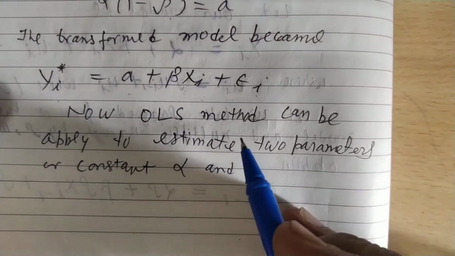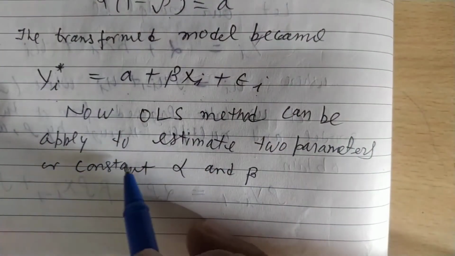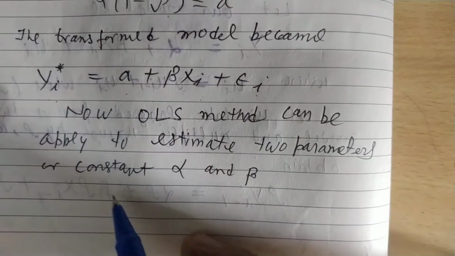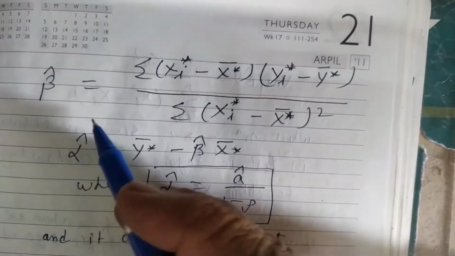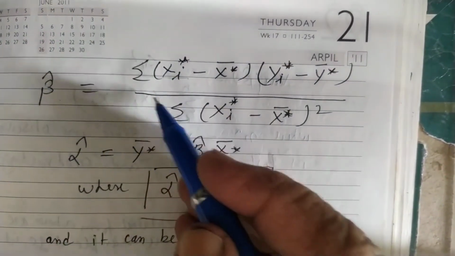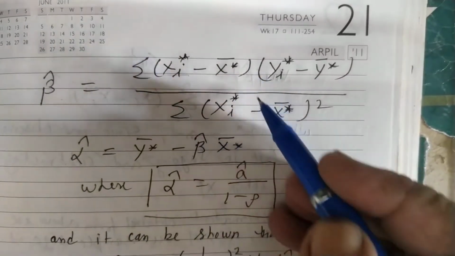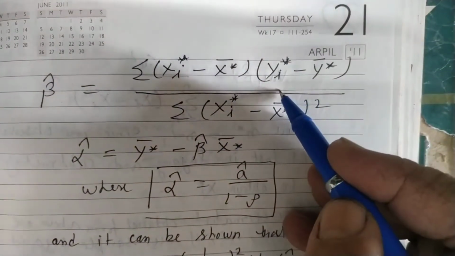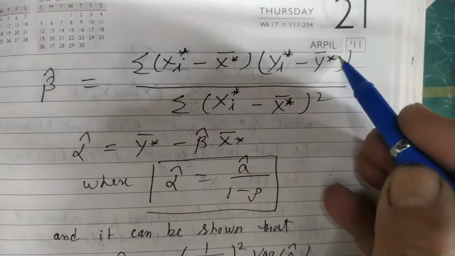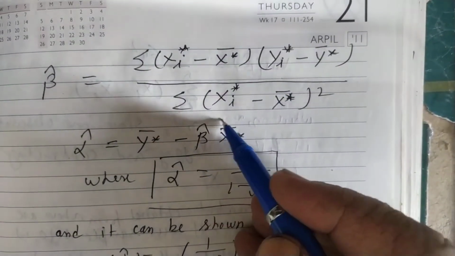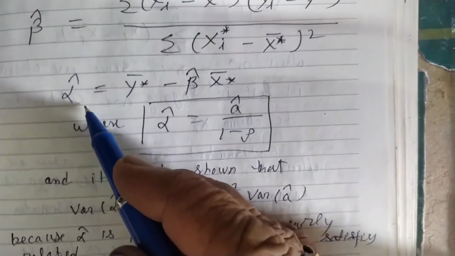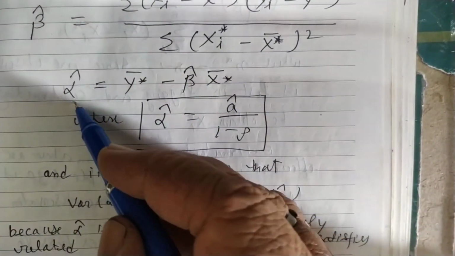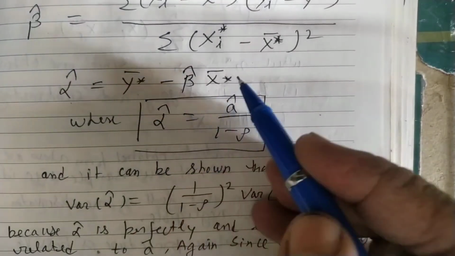Now the ordinary least squares method can be applied to estimate the two parameters, the constant alpha and beta. Our estimated beta is the sum of (xi star - x bar star)(yi star - y bar star) divided by the sum of (xi star - x bar star) whole squared, and in the transformed model, alpha is y bar - beta x bar.